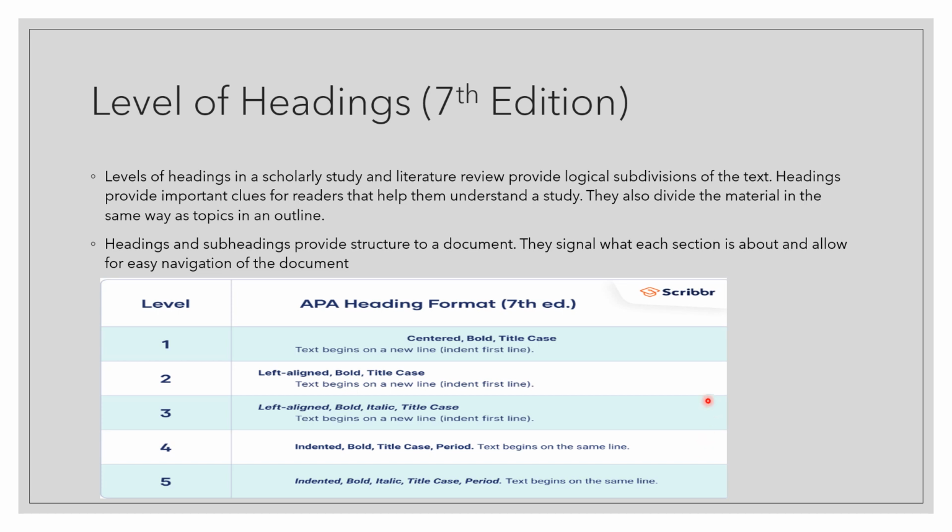And then the next is level of headings. This is taken from the 7th edition of APA, which you should follow when you write the literature review. For example, reading in English as a second language.